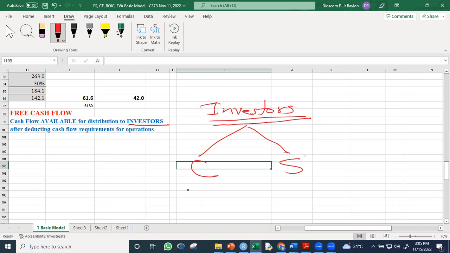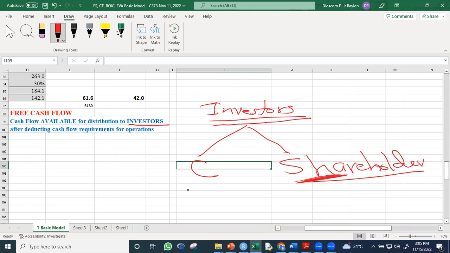So what do we call them? They have a name. Either owners of the business or maybe the board of directors. You should know that already. The owners of the business are called the shareholders. Simple lang.